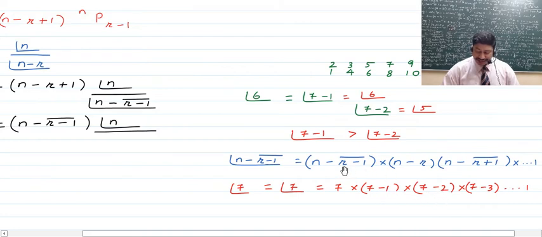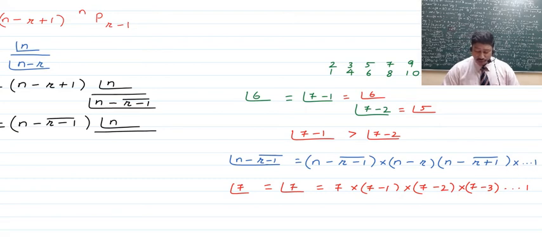So when we add 1 to r minus 1, we will get r, right? And then further to r, if we add 1 more, we will get r plus 1. And then further, if we add 1 more to r plus 1, it will become r plus 2, and then we will get the next lesser natural number, and so on, right?